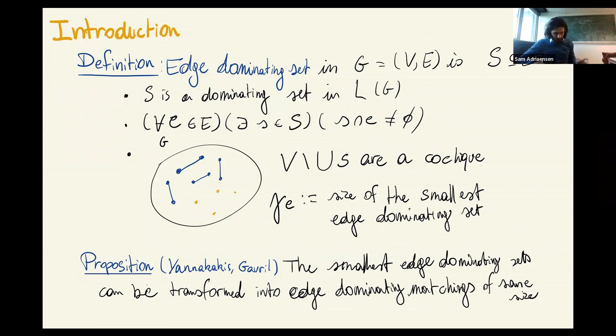So this is a nice thing to know, because we know a lot of things about the existence of matchings in certain graphs.